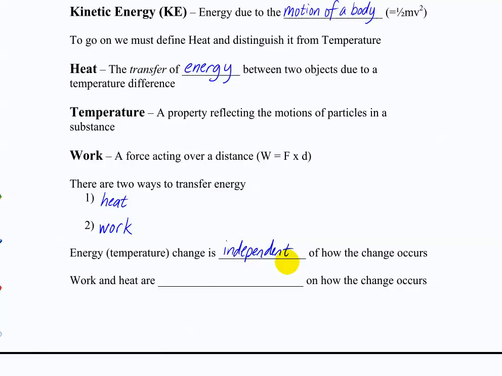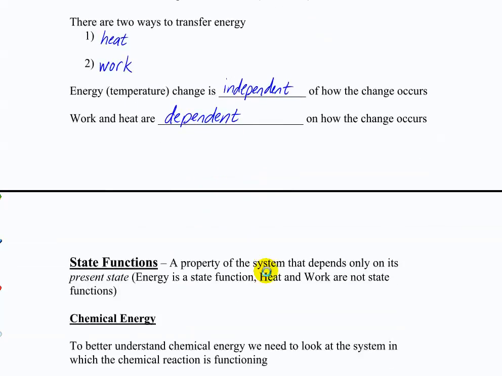Whereas work and heat are actually dependent on how that change occurs. I'm going to give you some examples of what that means. So energy is what we call a state function, and that system only depends on its present state, not how it's changing.